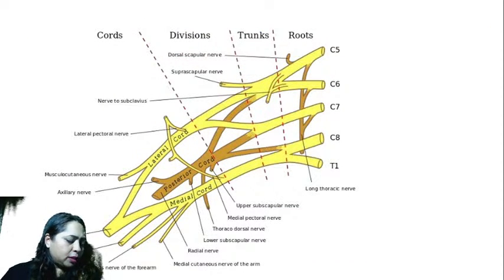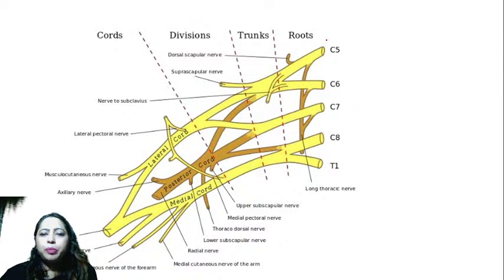Next, we'll move on to the class that we were talking about. We are talking about the brachial plexus. See the branches that you can see. You can see the first branch here, the nerve to subclavius. You can see the dorsal scapular branch. You can see suprascapular.